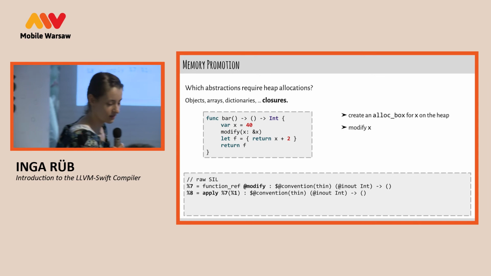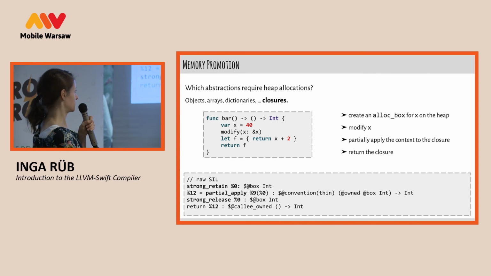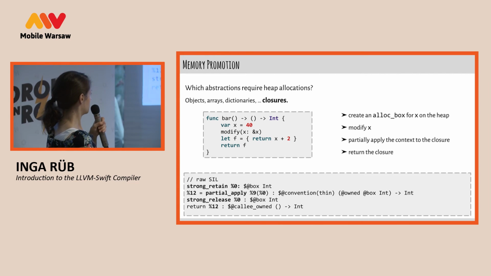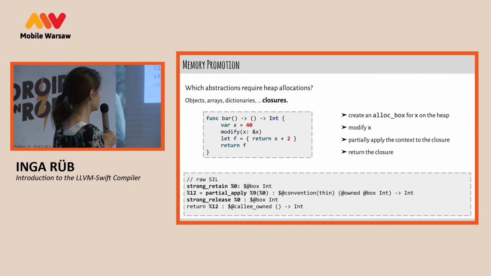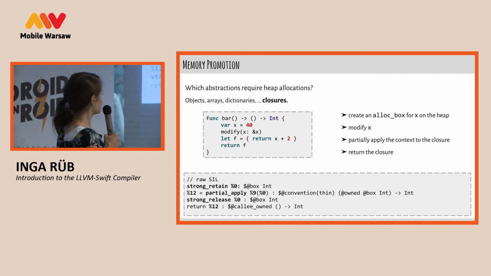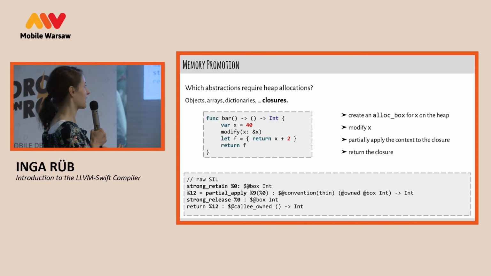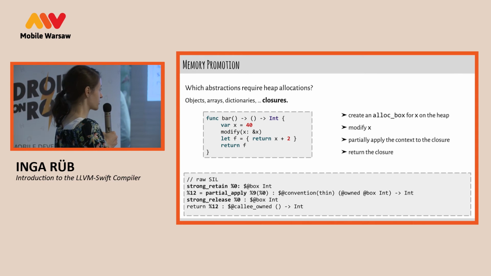Okay. What is next? We create the closure, which is not written here. And then, because the code is in a different place, what we do here is we partially apply the argument to our closure.